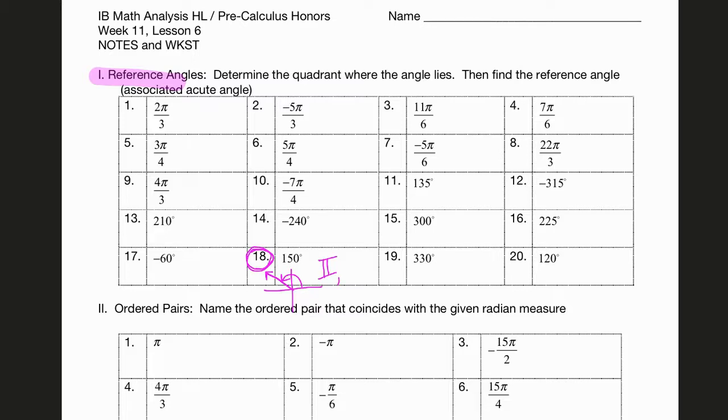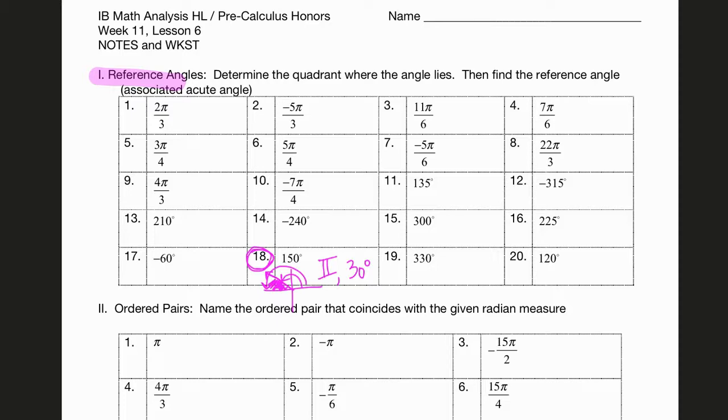As far as the reference angle, this is the acute angle made with the x-axis. The question is, how many degrees are there in that angle? Well, if that's 150 to there and it's 180 all the way to there, you can see that 30 degrees is the reference angle.